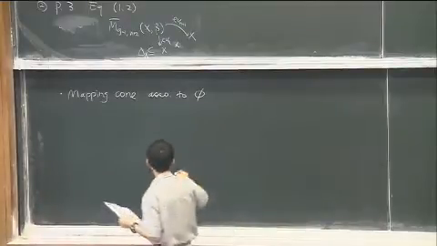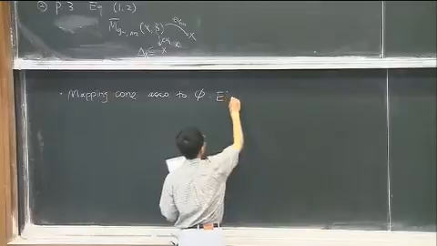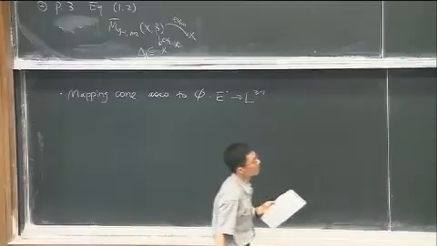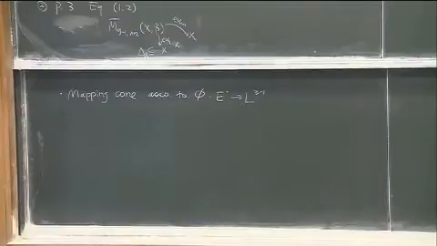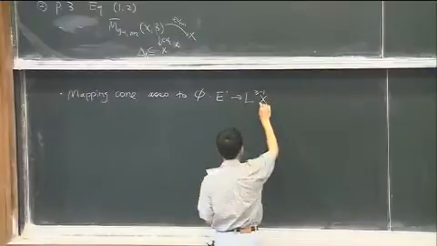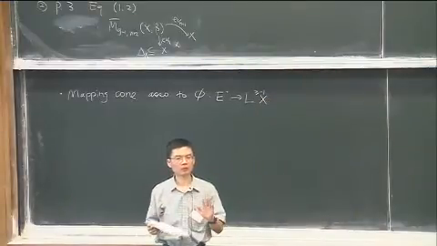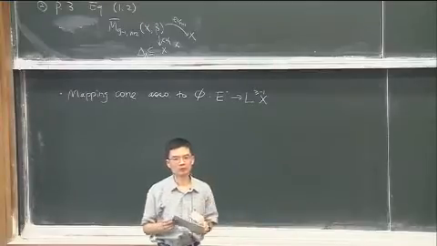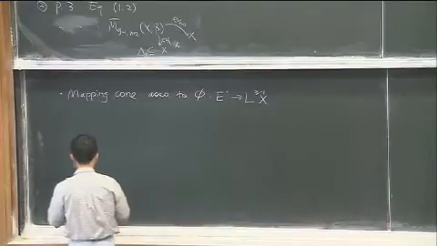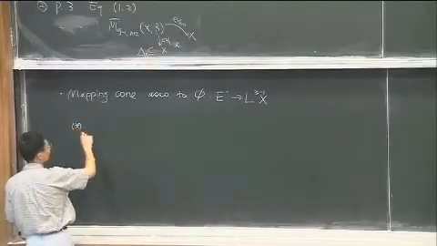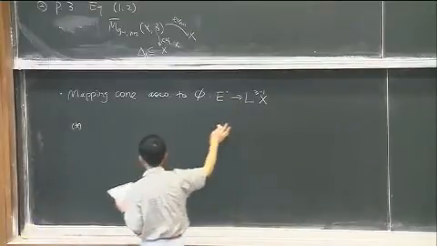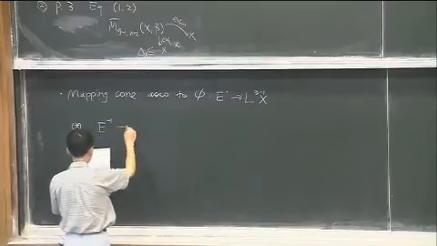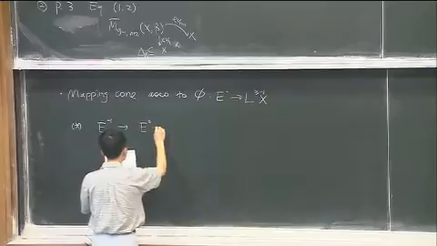We are all familiar with mapping cones, right? Or are we okay with the mapping cone? So anyway, because it's just two terms and two terms, the mapping cone will be a three-term sequence, going like this.